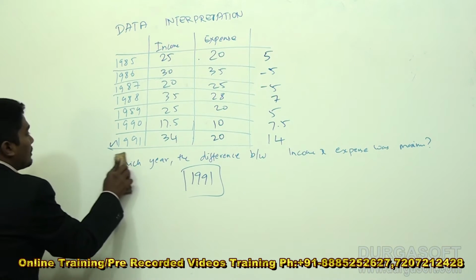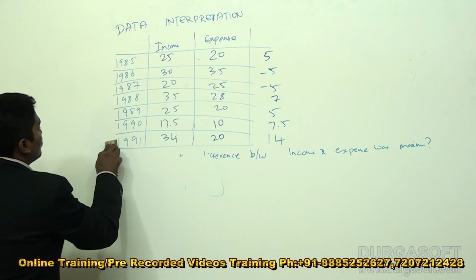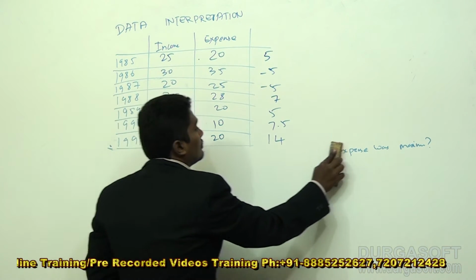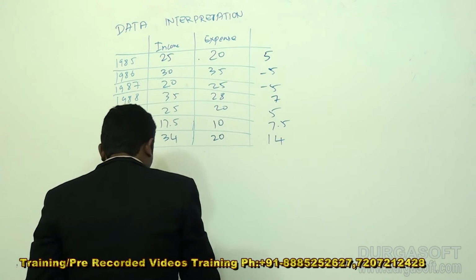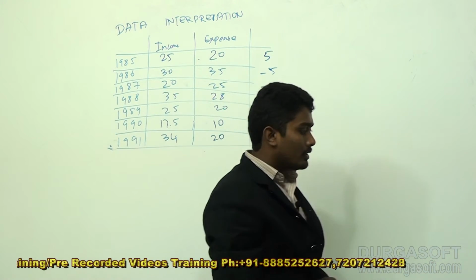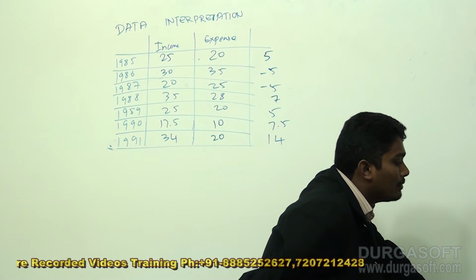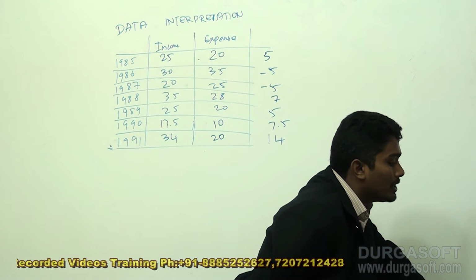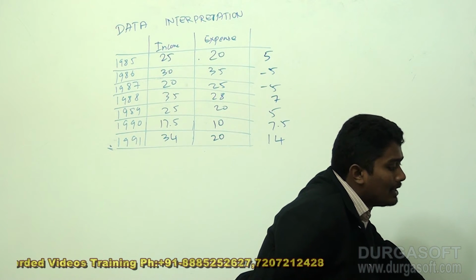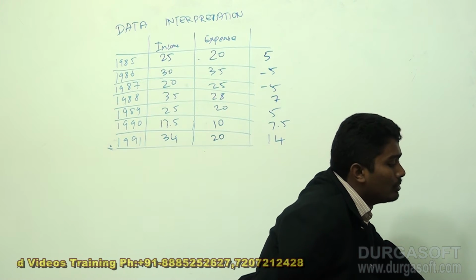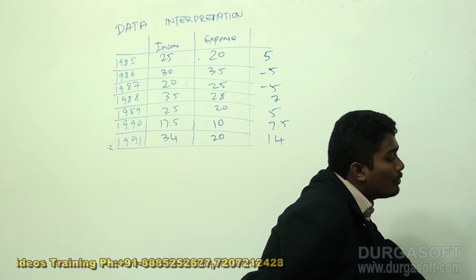Now we will go to the second question. The second question states that the income in 1987 was equal to the expenditure of which of the following years?